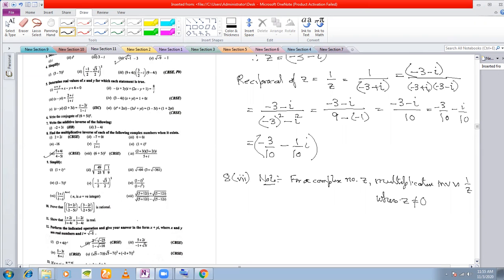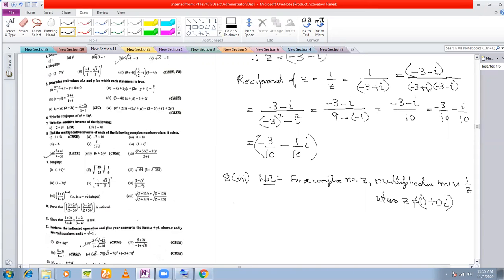Z is not a zero complex number, or you can write this as 0 plus 0i. Understood? So only if z is non-zero will you be able to find its multiplicative inverse. That is why they have said if it exists.